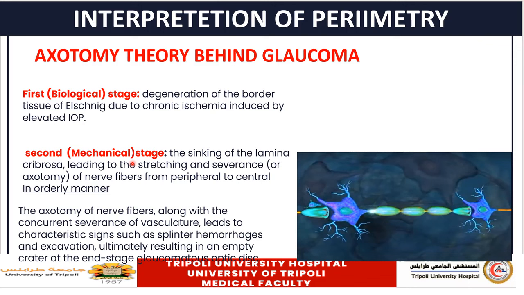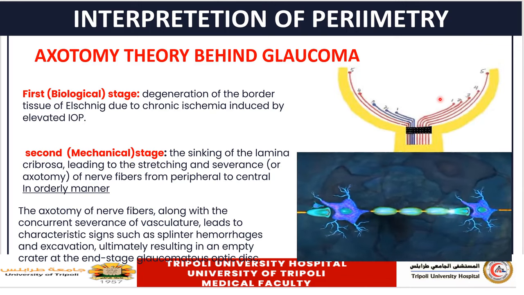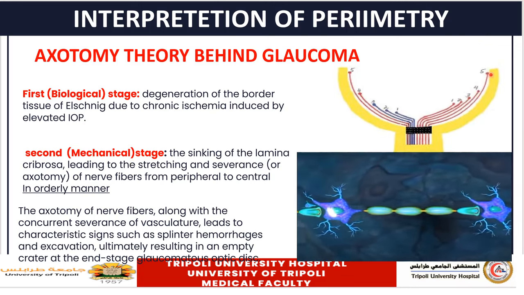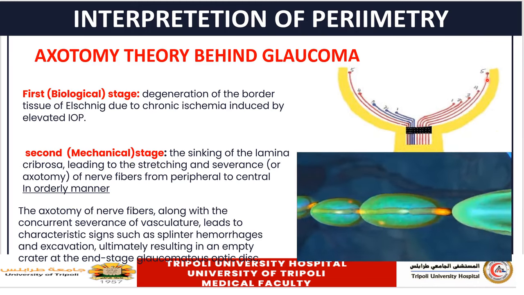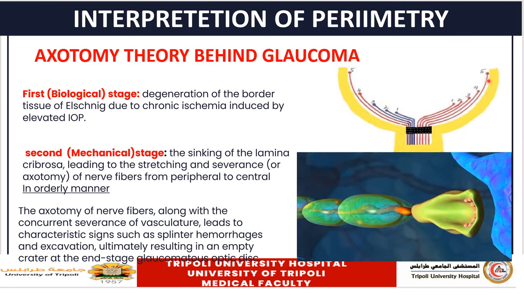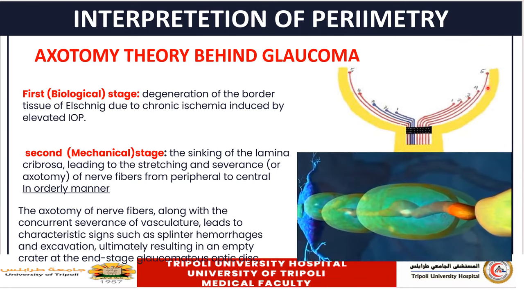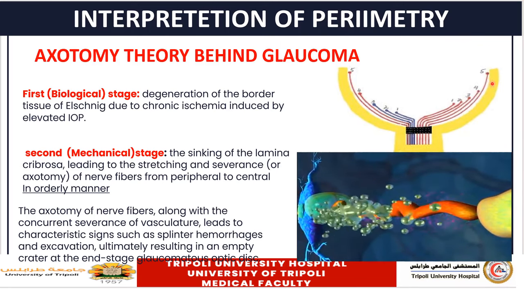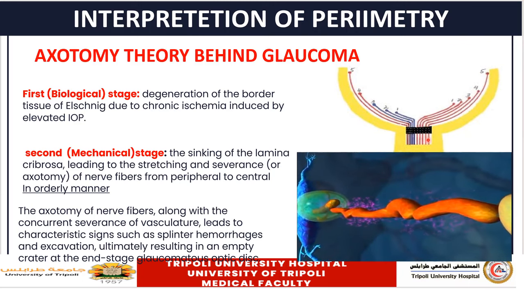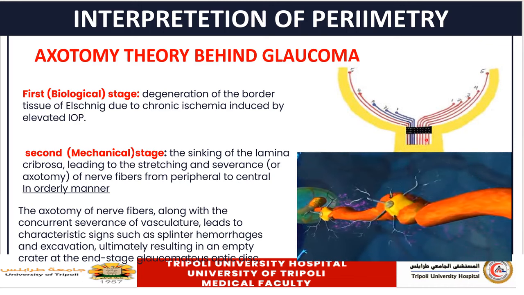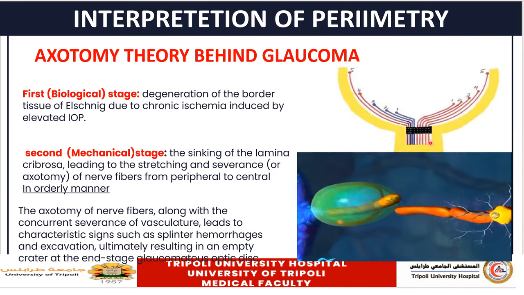So as I explained, you can see the fibers from the peripheral part of the retina occupy the most superficial part of the nerve fiber layer. They are facing the sclera, and when they bow at the optic nerve, they take a 90-degree course and occupy the outer part of the optic nerve.